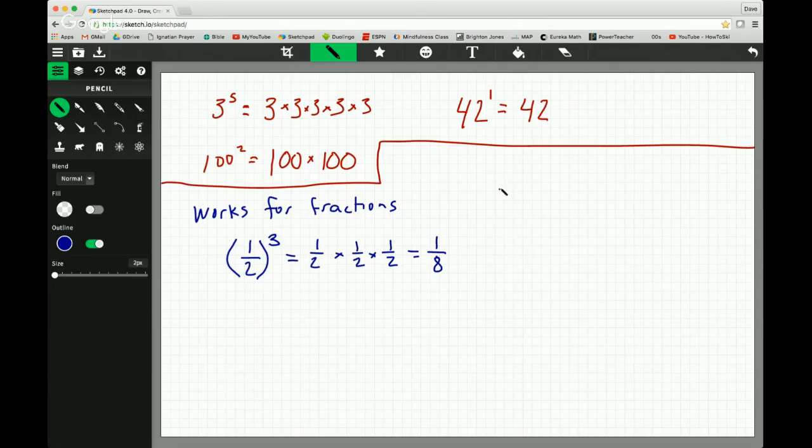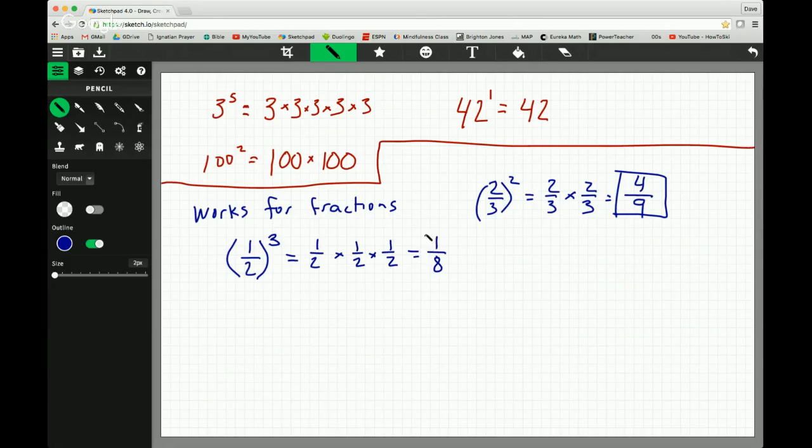So similarly, 2/3 to the 2nd is equal to your base, repeat the multiplication 2 times. And that equals 2 times 2 is my numerator, and my denominator, 3 times 3 is 9.